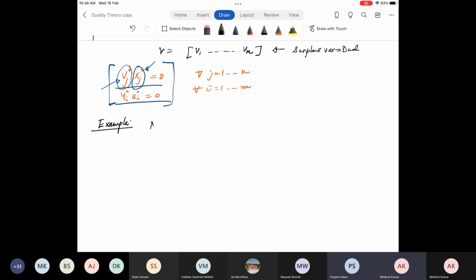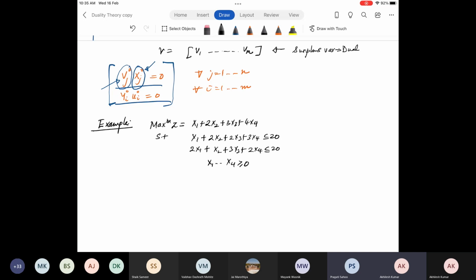Suppose I gave you maximize g equals to x1 plus 2x2 plus 3x3 plus 4x4, such that x1 plus 2x2 plus 2x3 plus 3x4 is less than equal to 20 and 2x1 plus x2 plus 3x3 plus 2x4 is also less than equal to 20, with x1 to x4 greater than equal to 0.